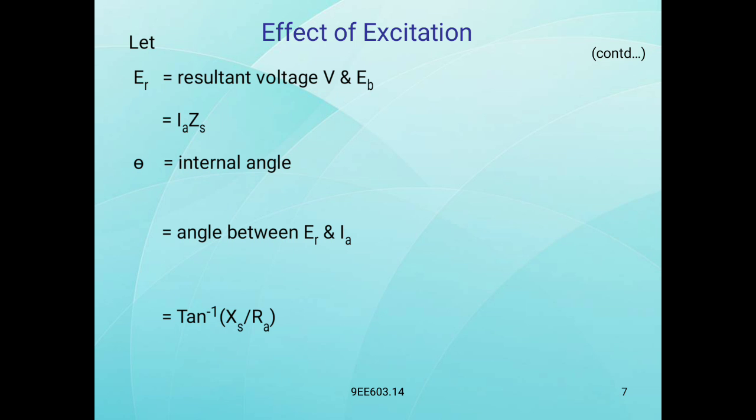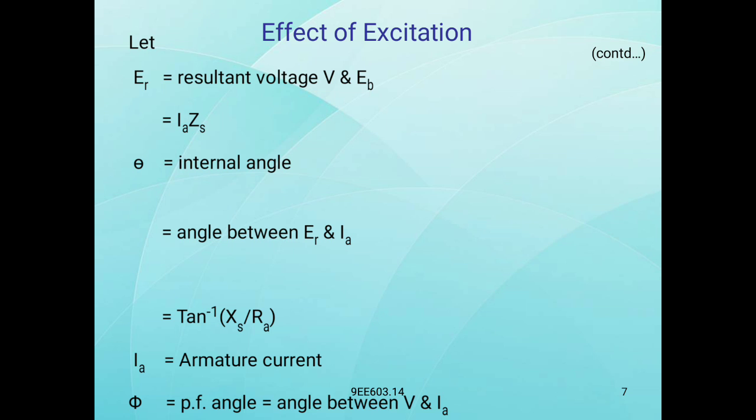IA is the armature current, and phi is the power factor angle between voltage and armature current.